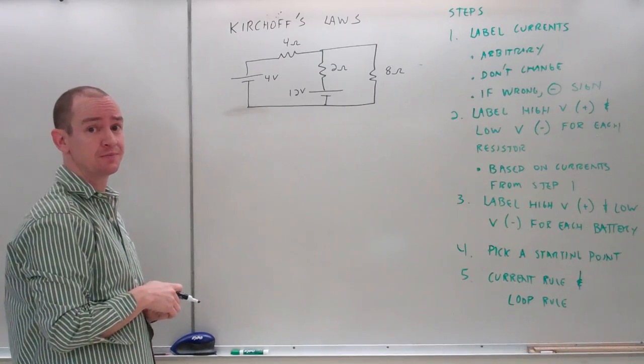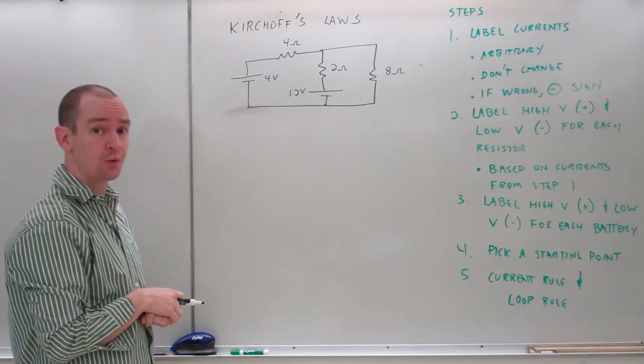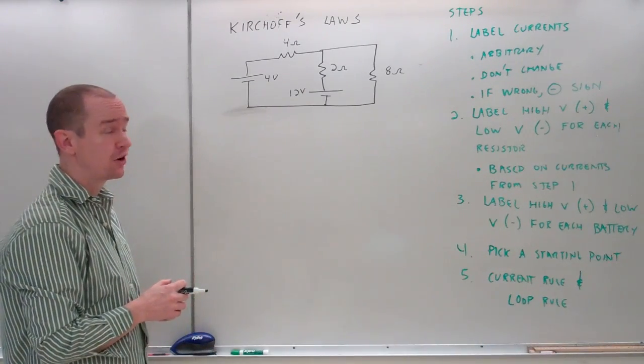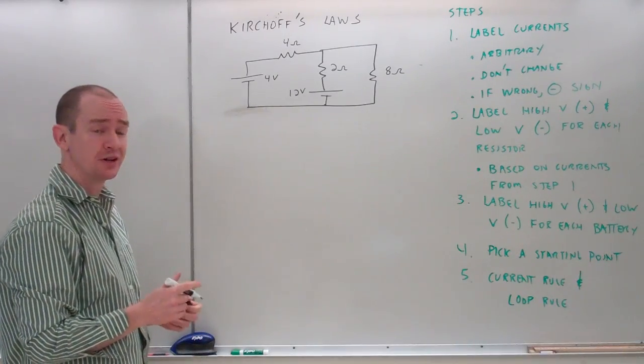This looks like a mess. I would note you could not solve this by reducing resistors. We're going to have to use Kirchhoff's laws. Alright, let's try it. First, I need to label currents.